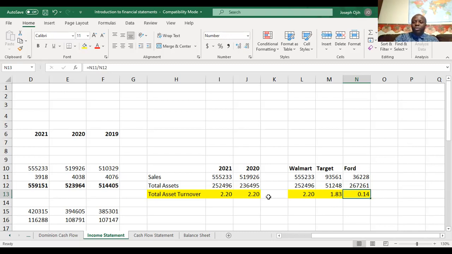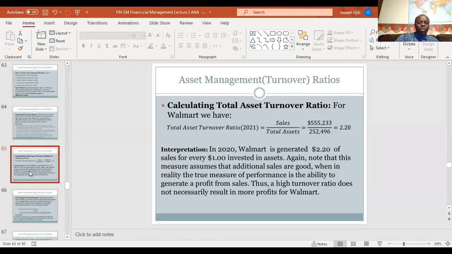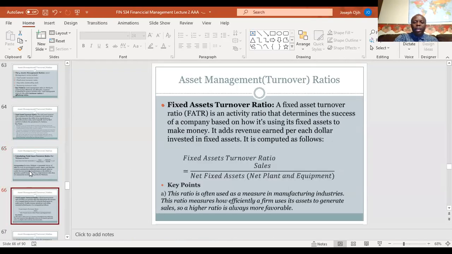So that is how you use total asset turnover. I hope you enjoyed this part of the ratio analysis. Now let's look at other asset management ratios. The second one is the fixed asset turnover ratio.